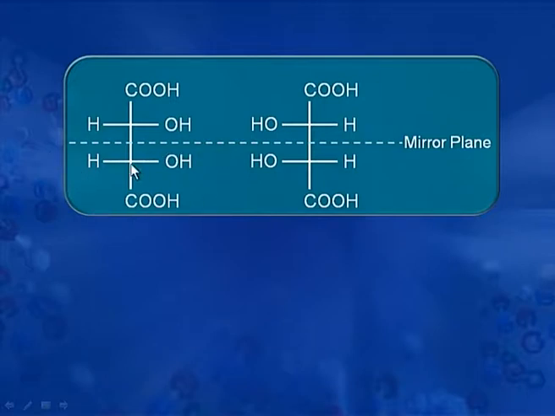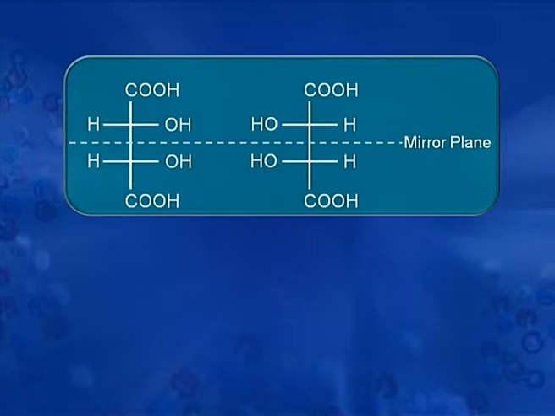Means this asymmetric carbon atom has 4 groups, 1 hydrogen, 1 hydroxyl, 1 carboxyl, and remaining is this part of the molecule, whereas this carbon also has got 1 hydrogen, 1 hydroxyl, 1 carboxyl, and remaining is this part of the molecule. So it means the substituents on each of these asymmetric carbon atoms are identical and one half of the molecule is mirror image of the other half.